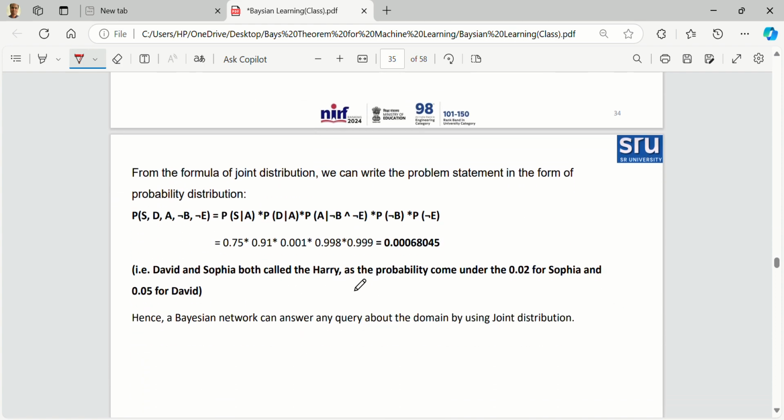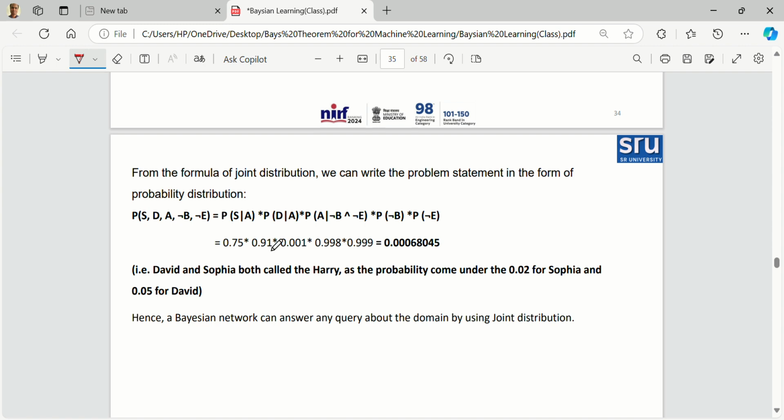Now I will calculate the total statement. From the formula of joint distribution, we can write the problem statement in the form of probability distribution: probability of S, D, A, not B, not E, because both are false, and they give the true result.